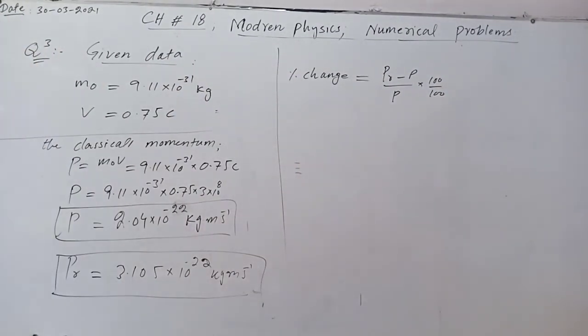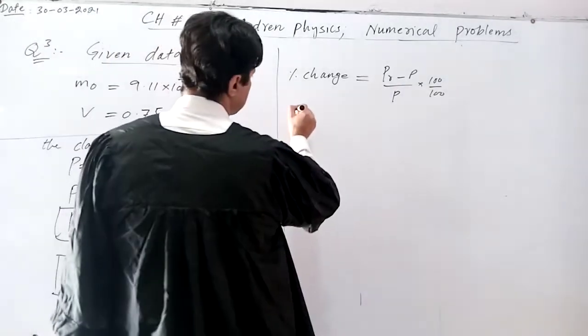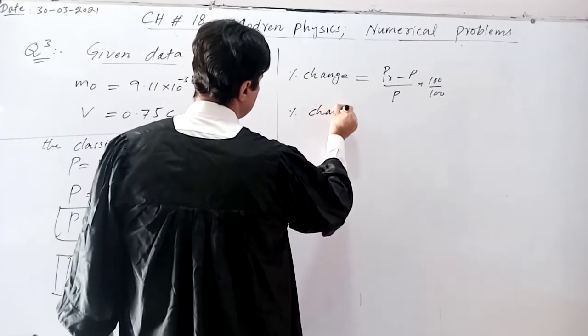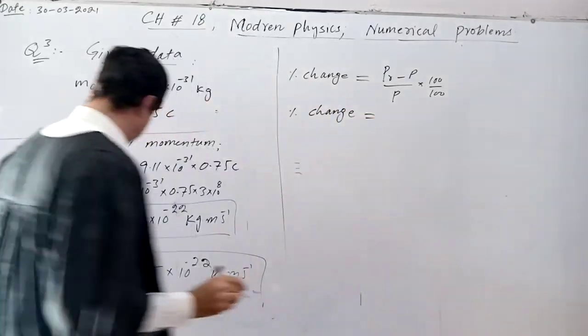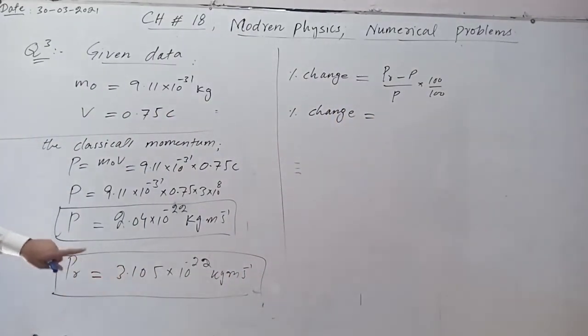So putting the values, we get PR minus P. P is 2.04 multiplied by 10 power minus 22. PR is 3.105 multiplied by 10 power minus 22. So putting these values, percent change is equal to 3.105 minus 2.04 divided by 2.04.